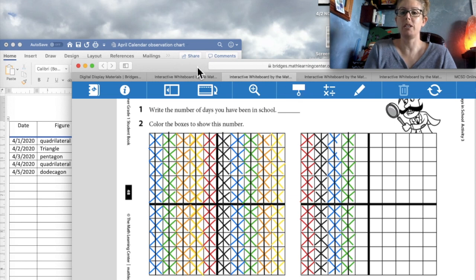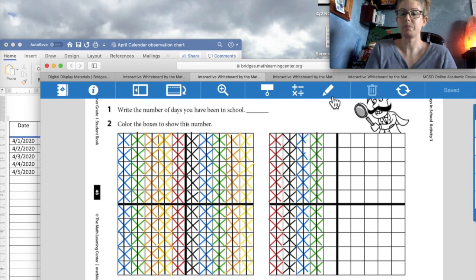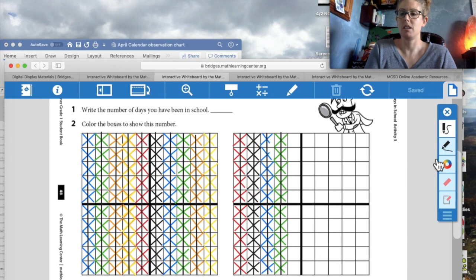If we add for today, let's choose a new color, and we're going to choose orange for this column. How many days now have we been in school? If we had 140, we added 1 more. What is that? That is right, 141 days.